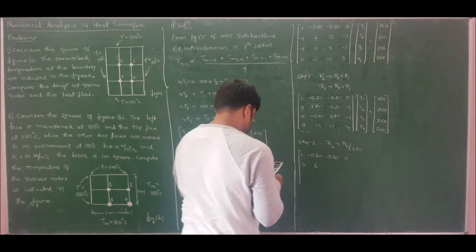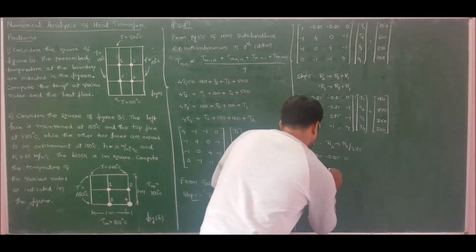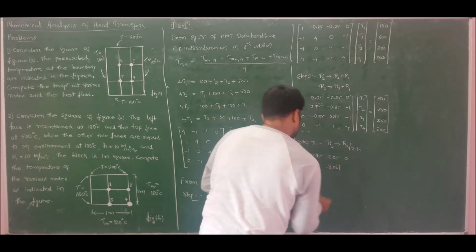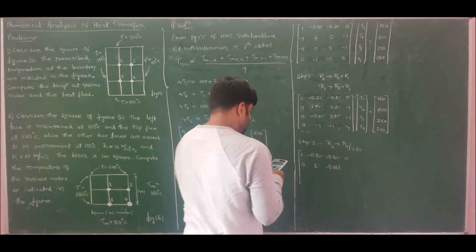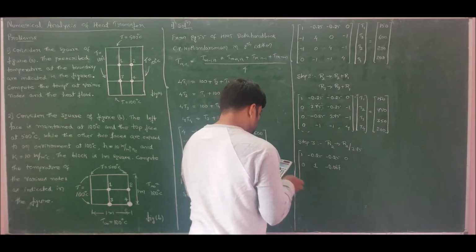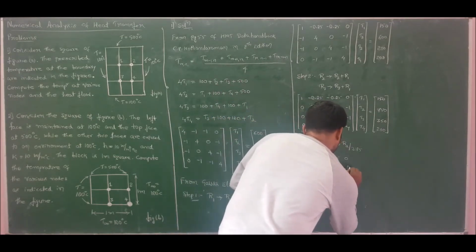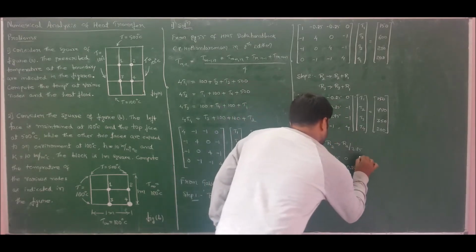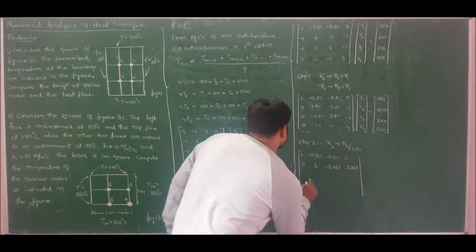Next we have minus 0.25 divided by 3.75, which is minus 0.067. Next we have minus 1 by 3.75, which is minus 0.267. So that completes the operation.